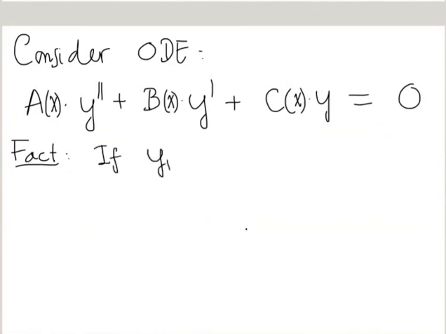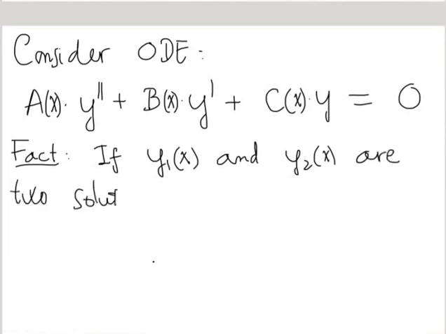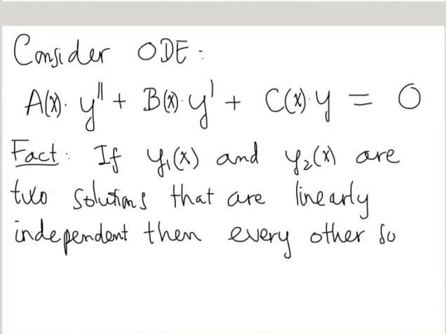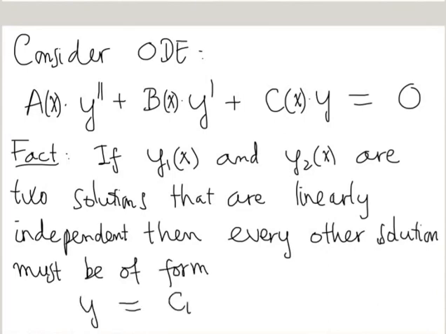If y1(x) and y2(x) are two solutions that are linearly independent, then every other solution must be of the form y equal to c1 times y1 plus c2 times y2.